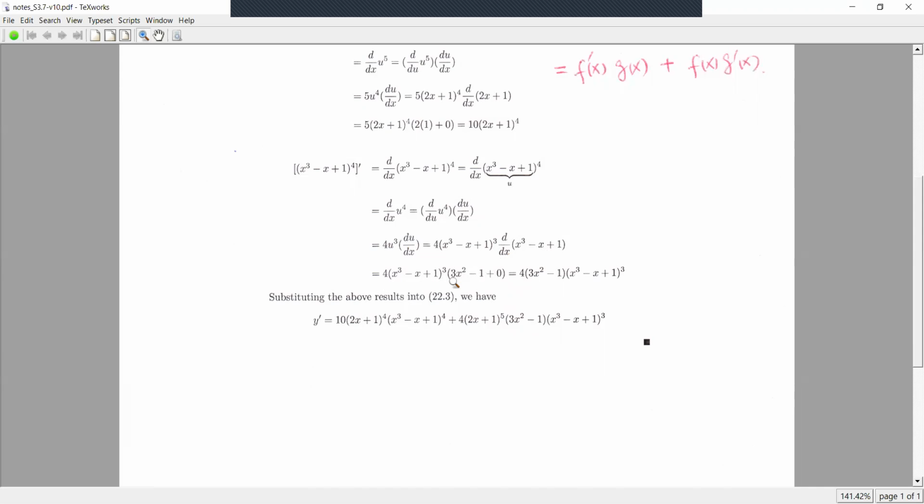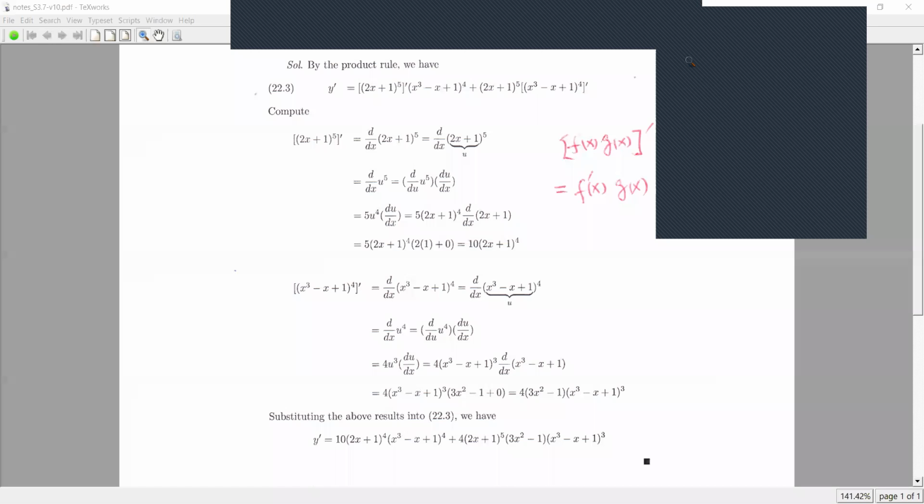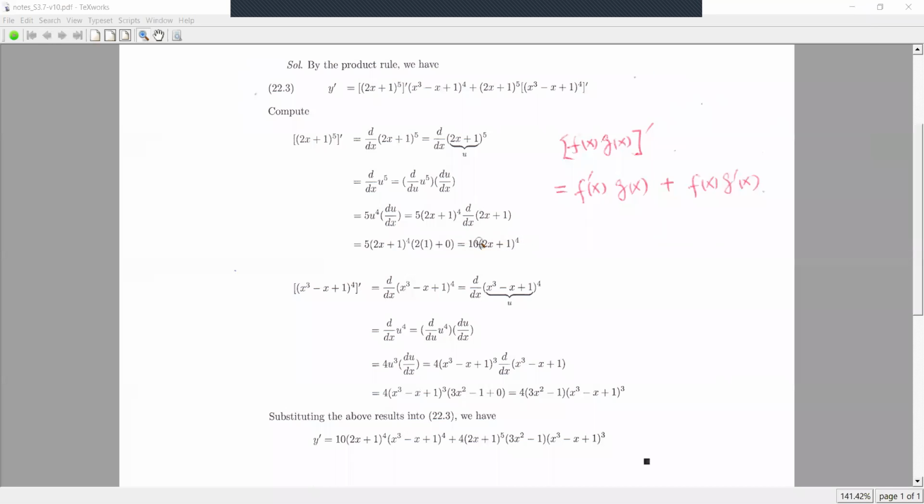Now, simplify this expression, then this is the answer of this derivative. Now, plug in this result in this derivative and this result in this derivative. Then the derivative of function y is this polynomial.